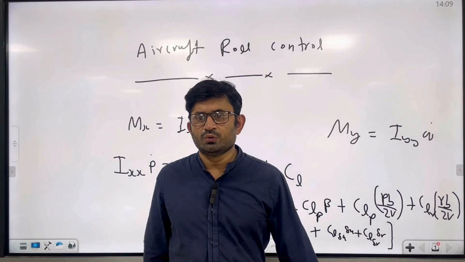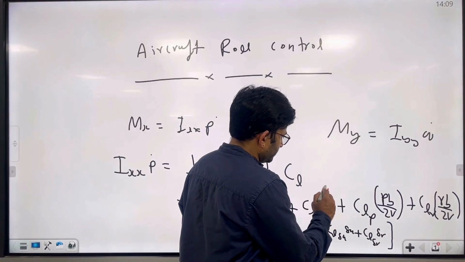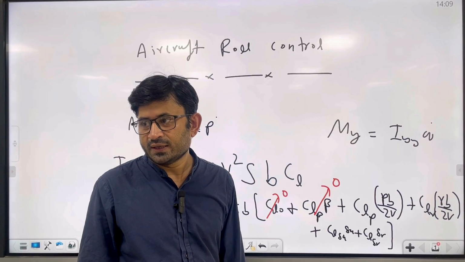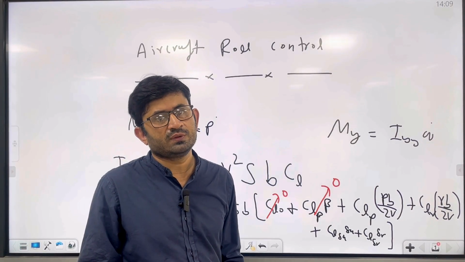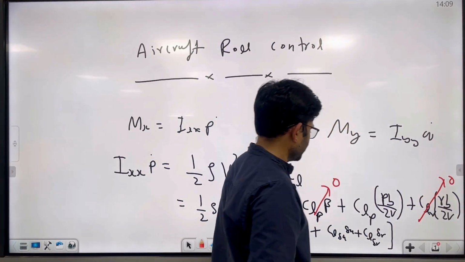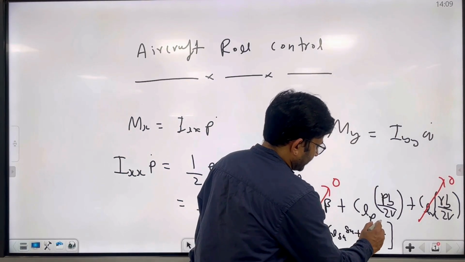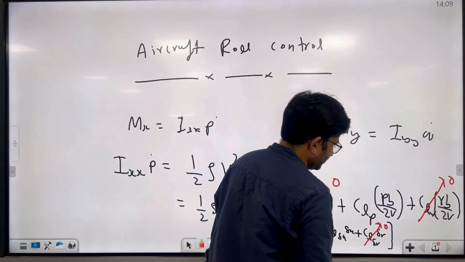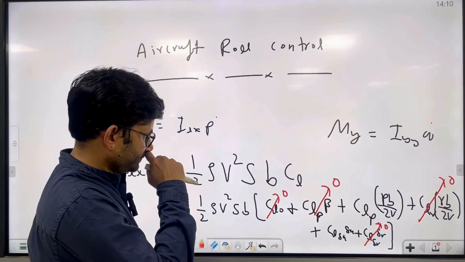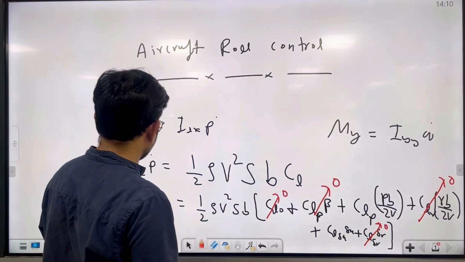Now here you assume beta is 0, so this term will also be 0. There is no coupling involved during the control design process; we treat it as a disturbance, so this part you will also consider as 0. And since you are not taking the rudder coupling, that will also be 0. So what is the remaining?